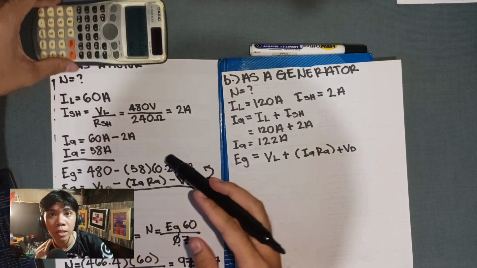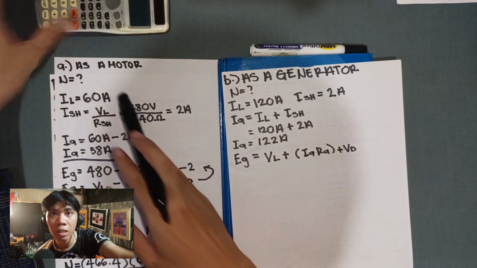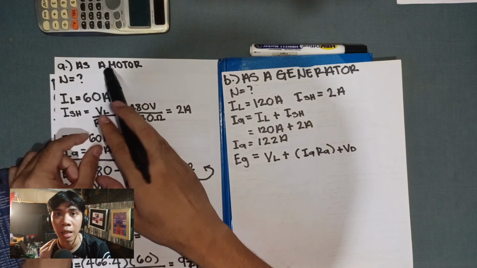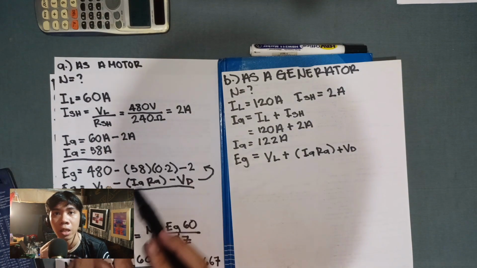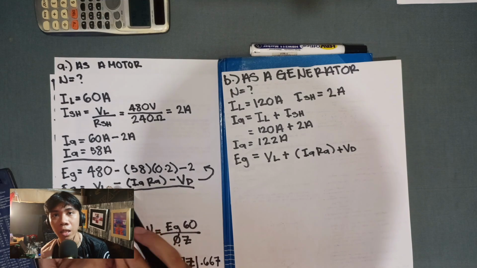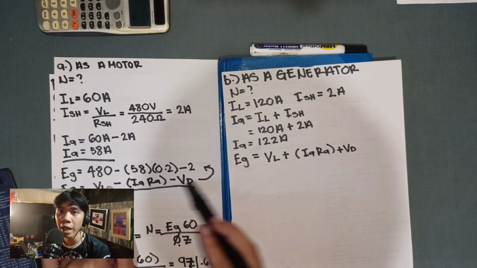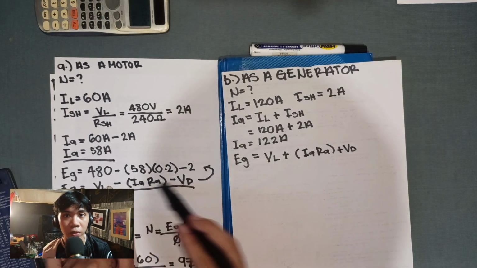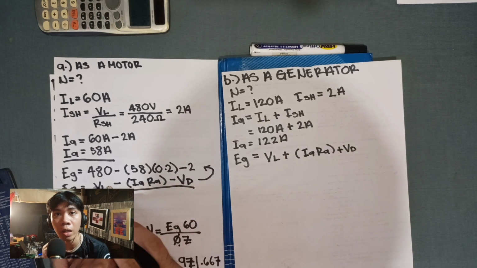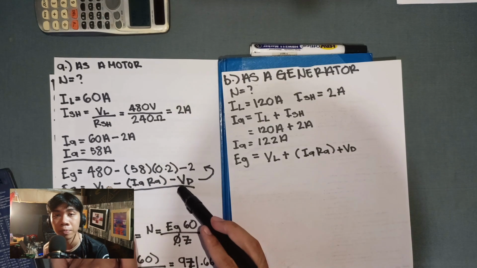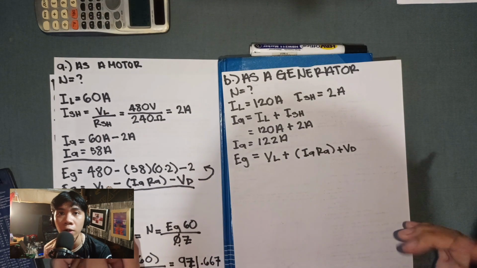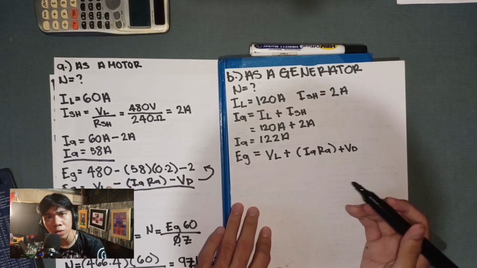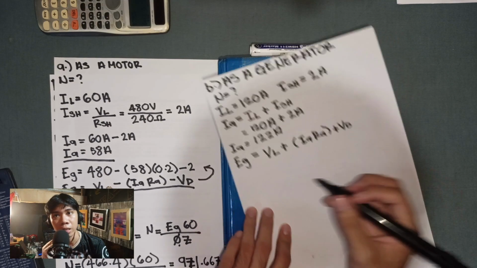So now, ang difference lang nito, as a generator, hindi tayo magma-minus. Lahat ng mga isosolve natin is in addition. So, bale, yung IA natin, para makuha natin yung IA, isosolve natin siya IL plus ISH. So, makuha natin dito ang 122 amperes. So, now, para makuha natin yung EG, substitute din natin lahat ng mga given.